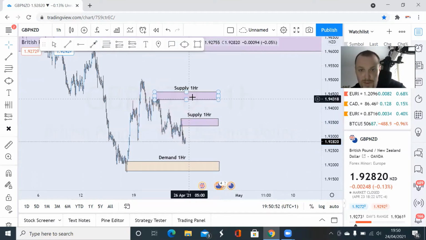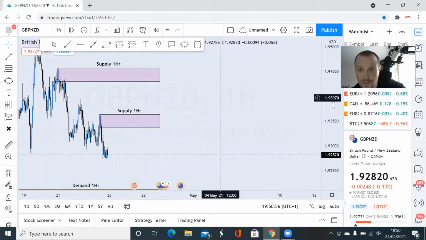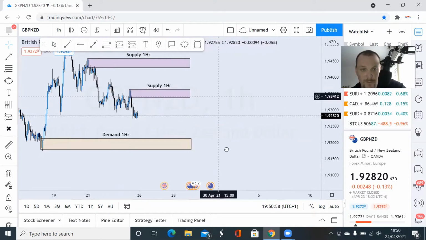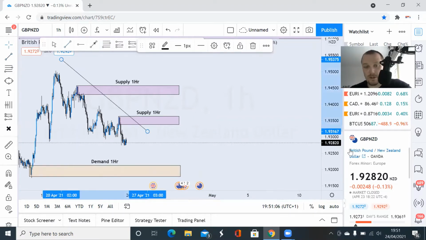We've got 2 supply areas on the 1 hour, and again, if we just highlight this out a bit more, we've got a demand zone on the bottom. So now we're getting into the nuts and bolts of where we are. We've determined we are officially in that bearish move. As we're coming down, we're bouncing off this trend here. You only need a couple of touches for a trend. Again, retail traders, liquidity's forming within these areas.